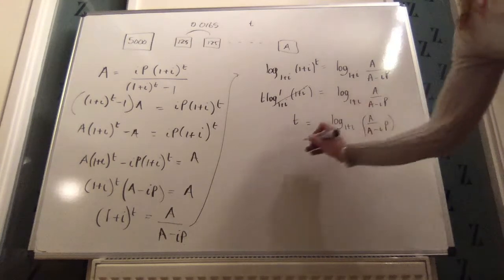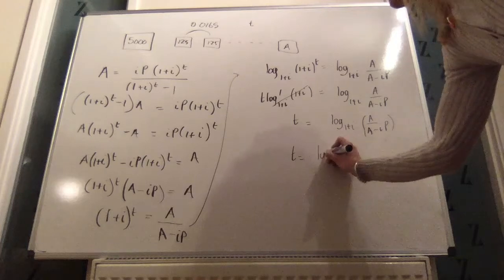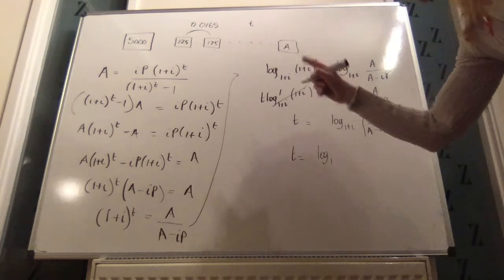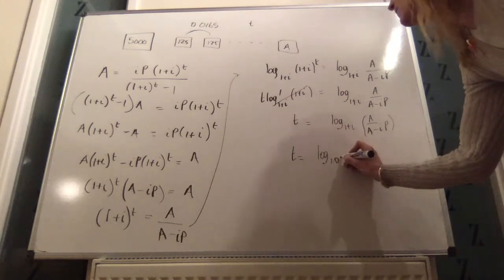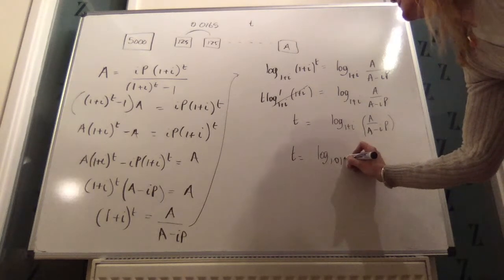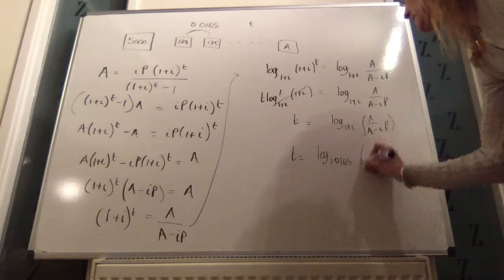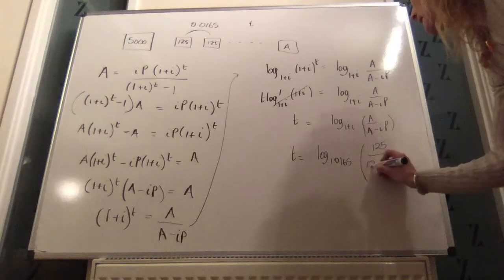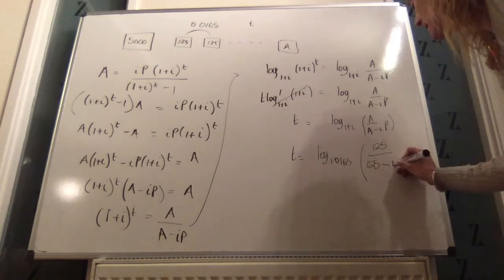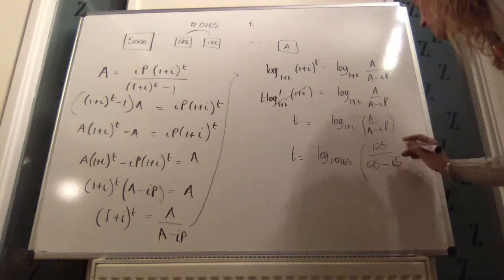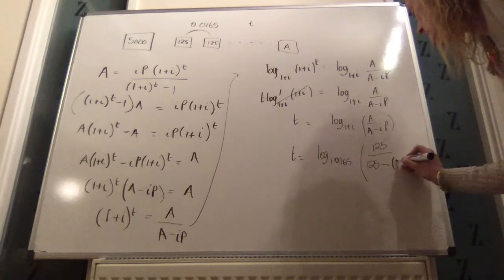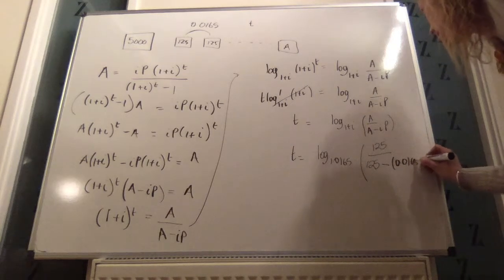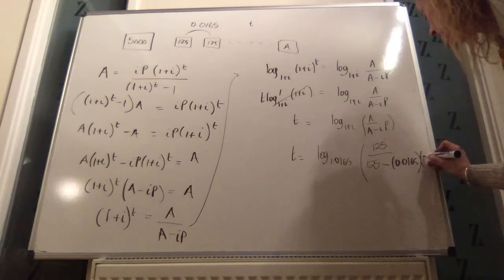Now we can fill in the numbers. So T is equal to the log to the base 1 plus I, which is 1.0165, of A, which is 125, over A minus I times P. And I is 0.0165 times 5,000.